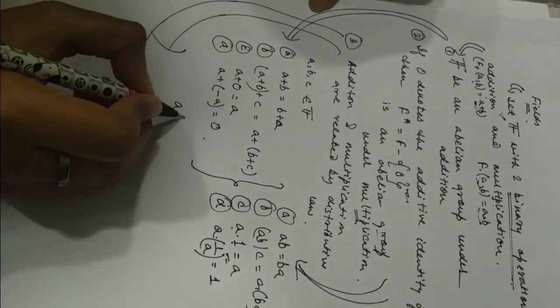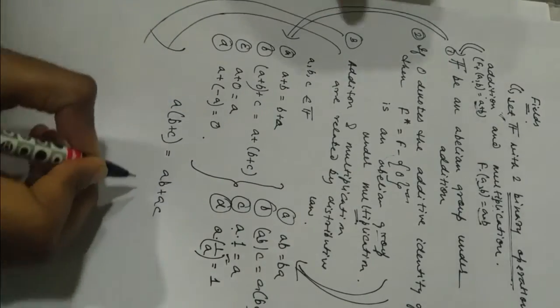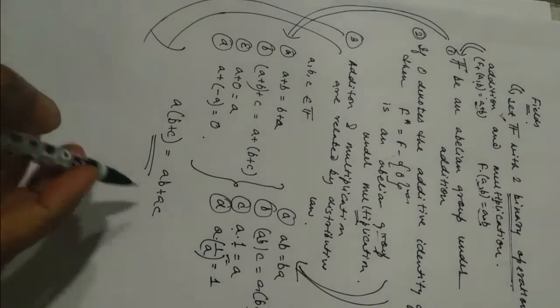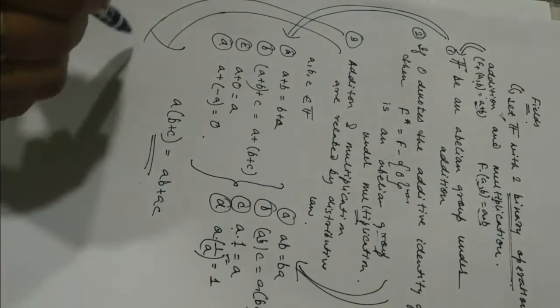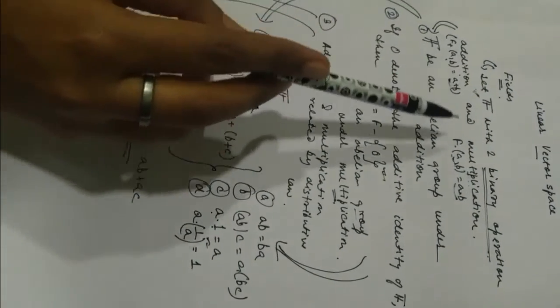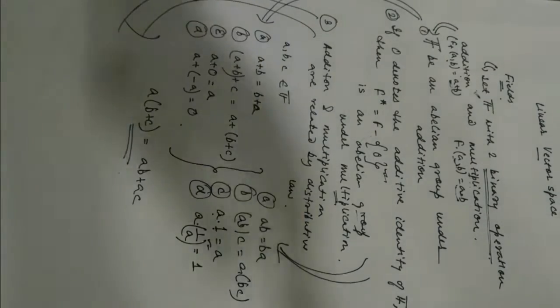That means the elements must satisfy a relation of this sort. So all these conditions need to be satisfied by the elements and the binary operations addition and multiplication so that they can be called a field.